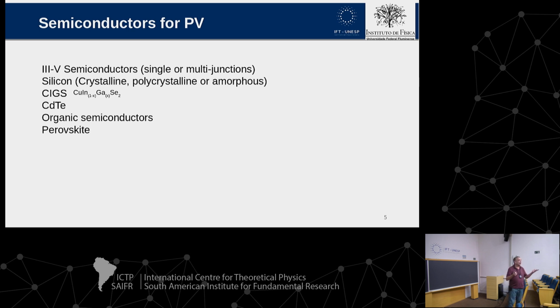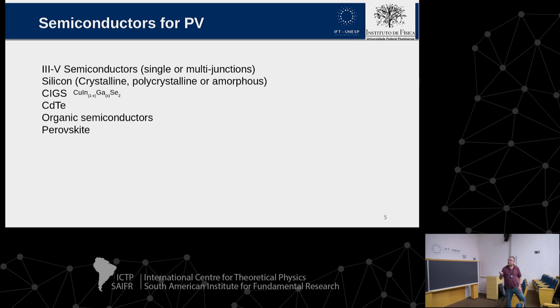If you buy a solar system for your house, probably it will be made from silicon. Industry loves silicon, so that's one of the reasons most commercially available solar cell systems are made from silicon. But there are several other kinds of systems.